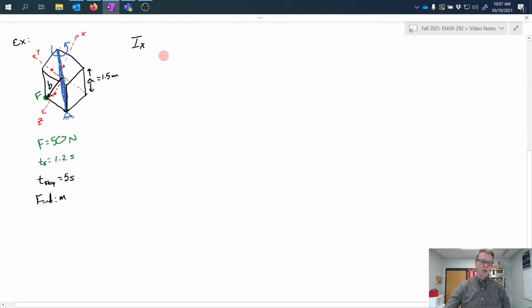We can look up either in a textbook or other places to find some equations, or of course we could compute them, but I'm not going to do that here. What we can find is that for a thin square plate with one of these sides that are perpendicular to x, let's call this 1, we would get 1/6 m̄a squared.